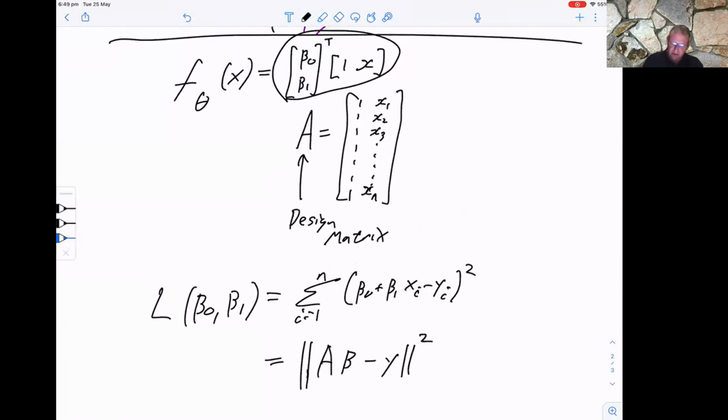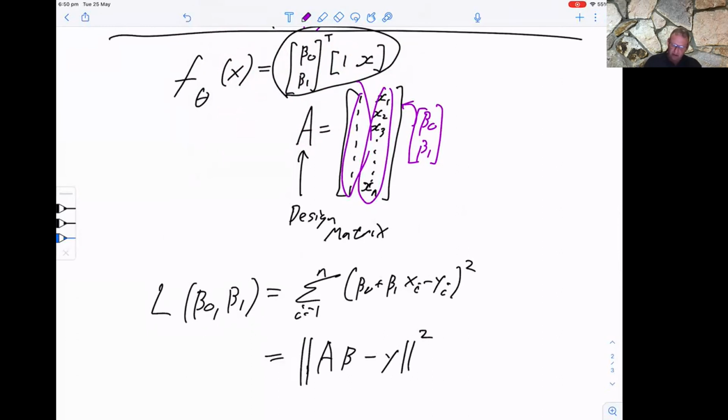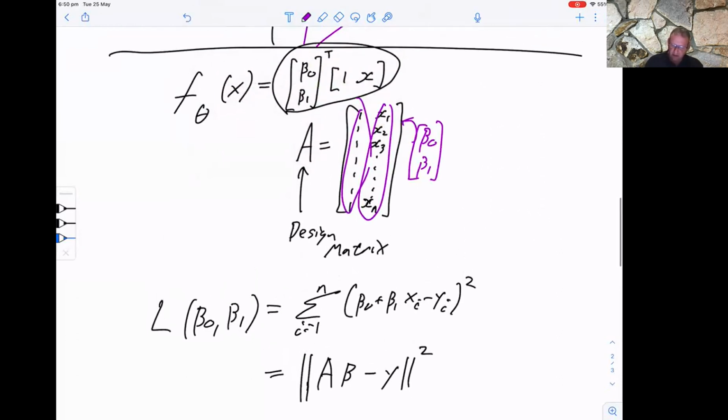So if you take beta 0, beta 1 and you multiply it by this, all the beta 0 multiplies that, all the beta 1 multiplies that, and then when you're doing the norm squared, each time you're taking this estimated value and subtracting it from the y.